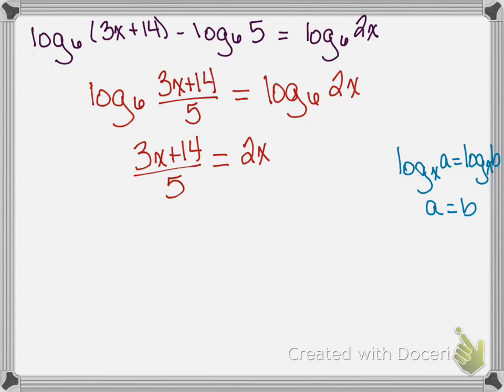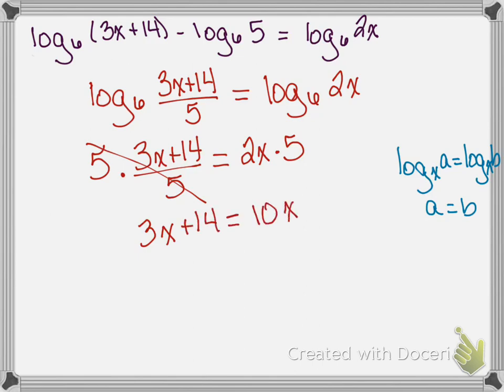Now, how do I solve this? Multiply both sides by 5. Okay? I have 3x plus 14 equals 10x. I subtract 3x from both sides. So I have 14 equals 7x.